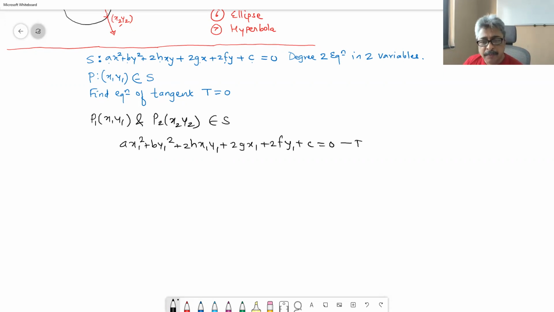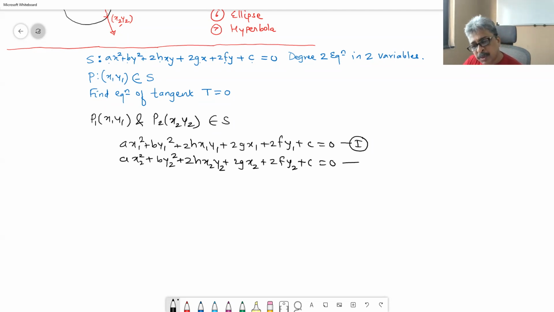This is equation 1. ax2 square plus by2 square plus 2hx2y2 plus 2gx2 plus 2fy2 plus c is equal to 0, equation number 2.